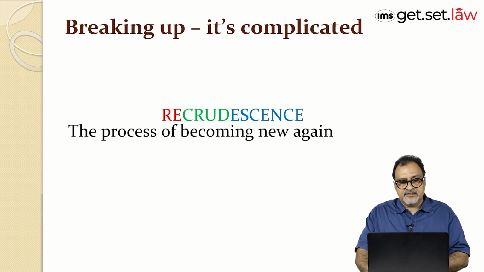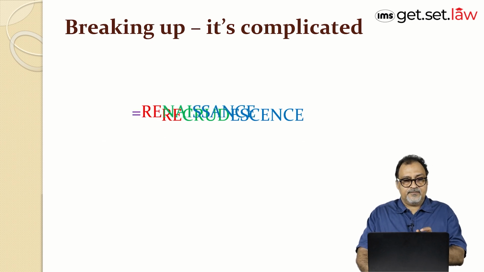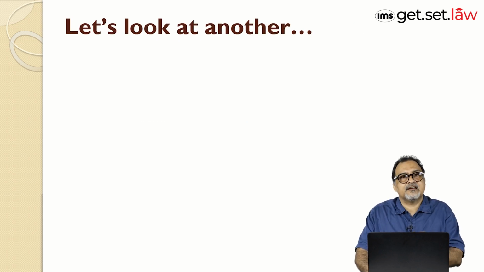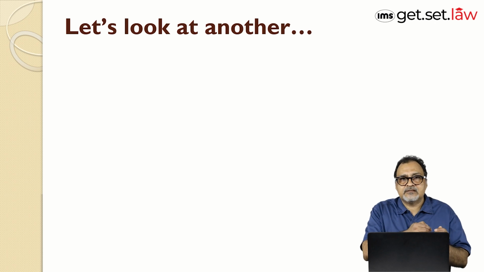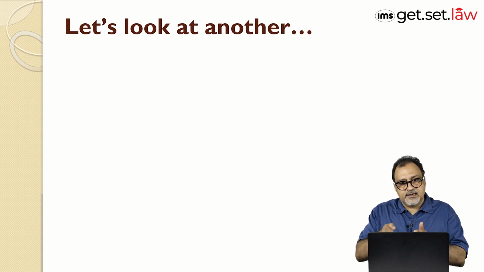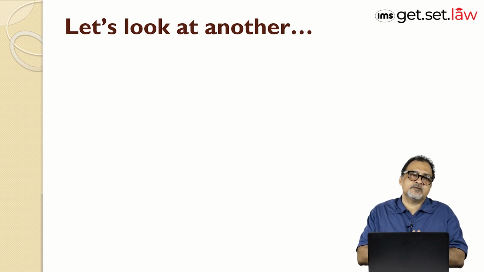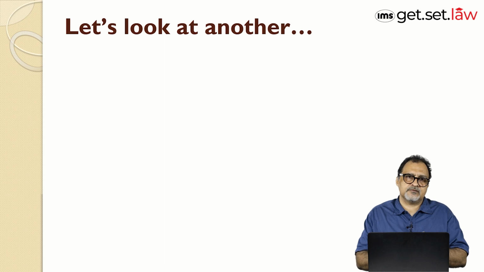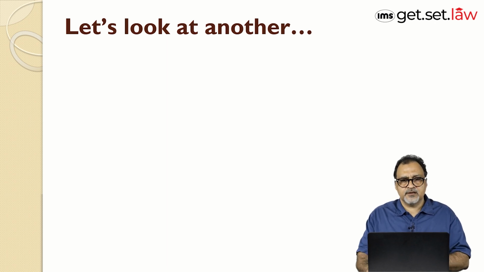So that is recrudescence. Another word that goes with the same meaning is renaissance. Re means again, ne, N-A-I, is a Greek word which means new, and sans again is a variation of essence which means in the process of. So renaissance means in the process of becoming new again. Let's look at another word.